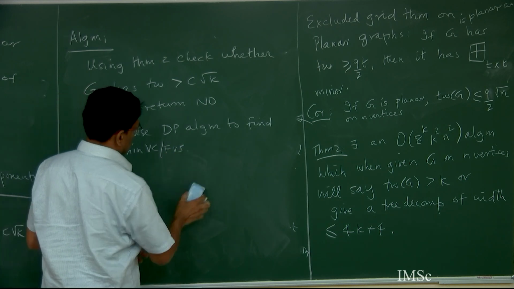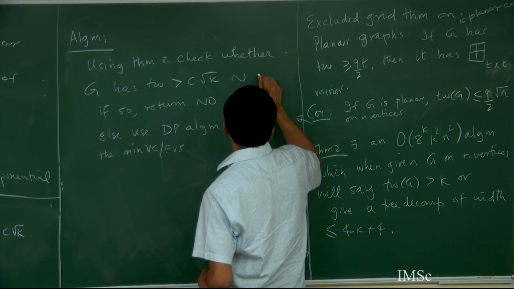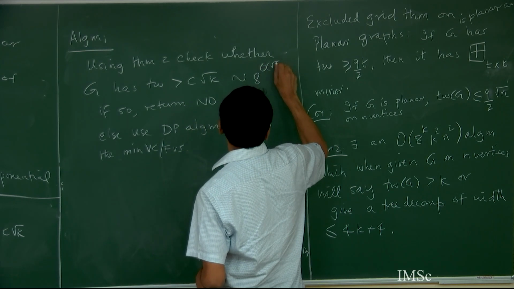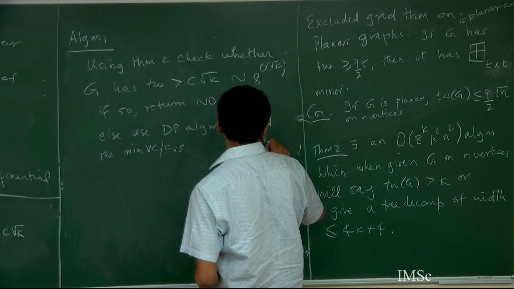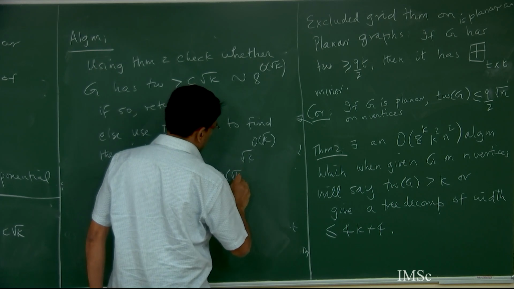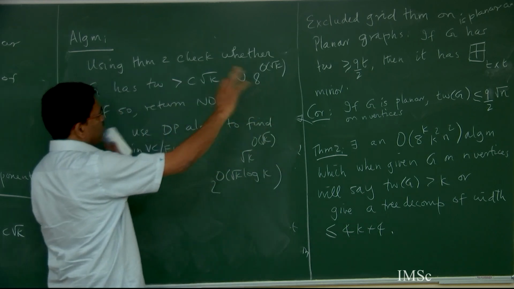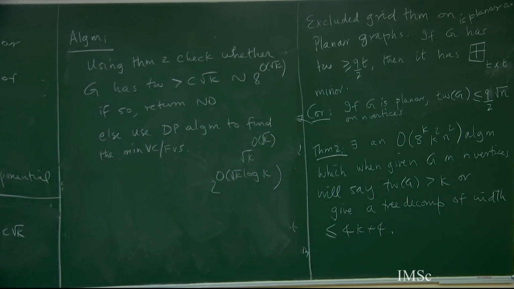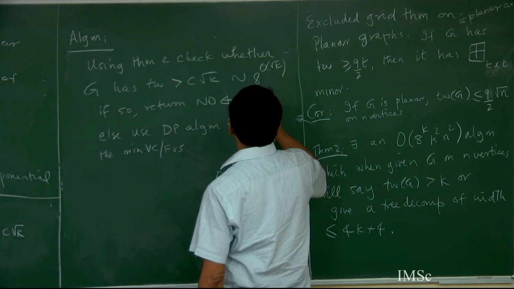How much time? This gives me 8 power order root k, and this is root k power order root k. So overall it's 2 to the power order root k log k, which is little o of k, with polynomial factors I'm ignoring. And why is this correct? Because of that theorem.